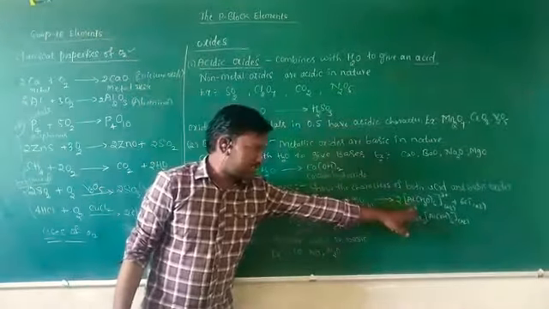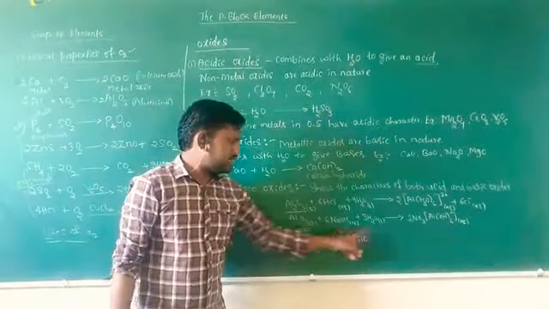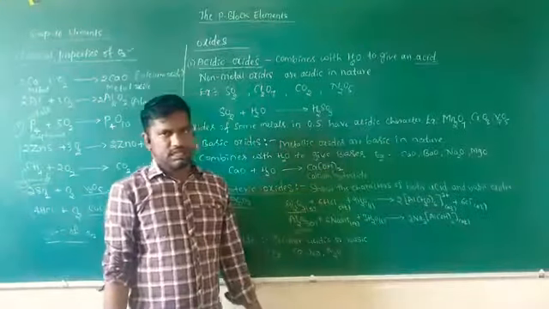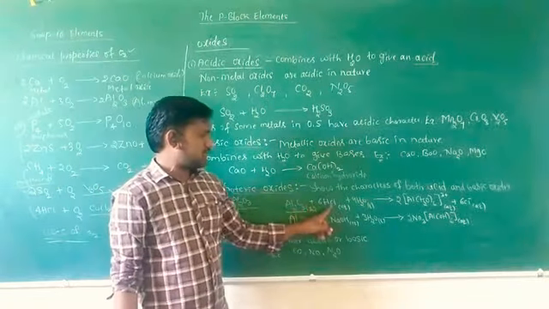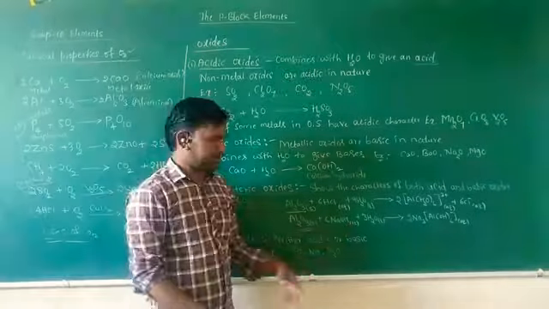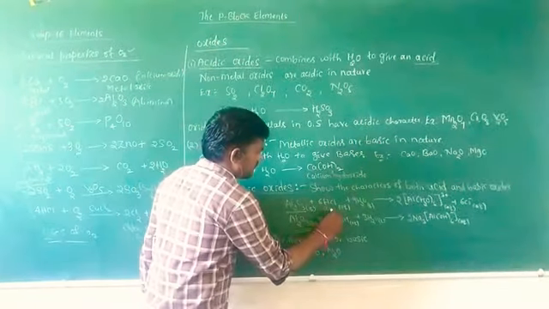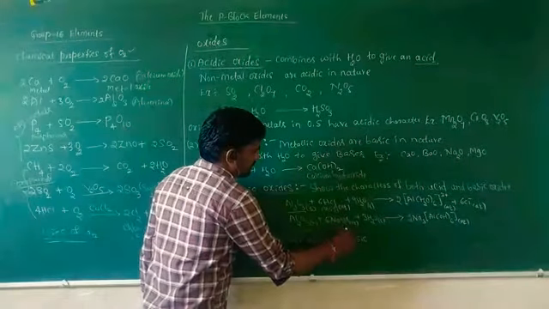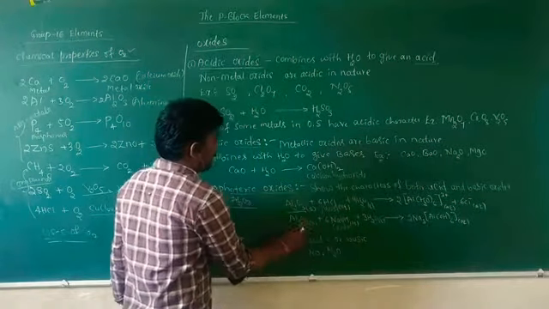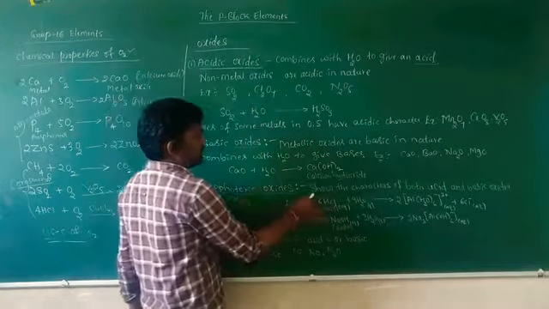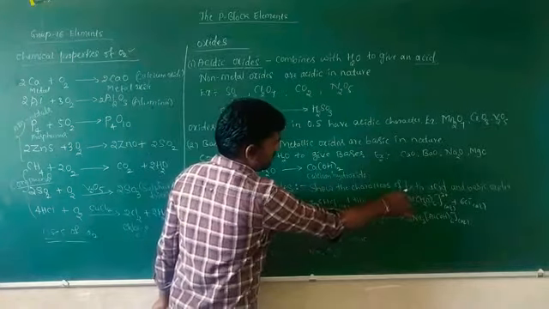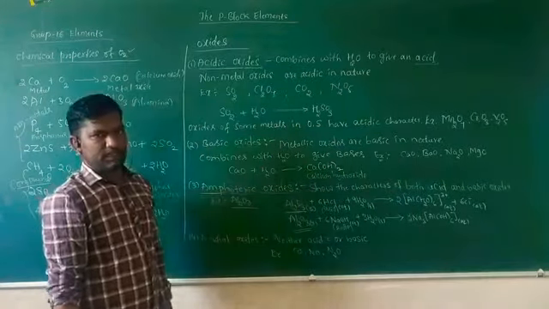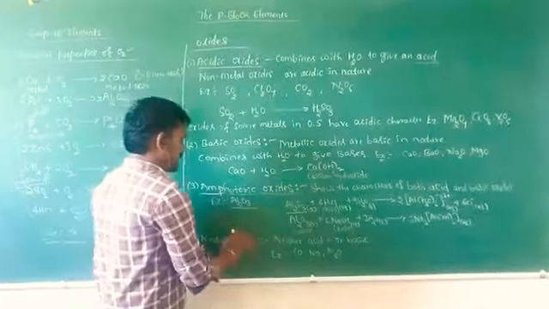It shows acidic character in the first reaction and basic character in the second reaction because it reacts with acids as well as bases. HCl is the acid, NaOH is the base. So Al2O3 is an amphoteric oxide. It shows characters of both acidic and basic oxides.